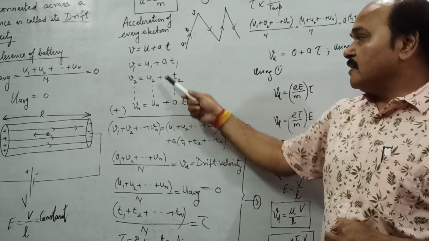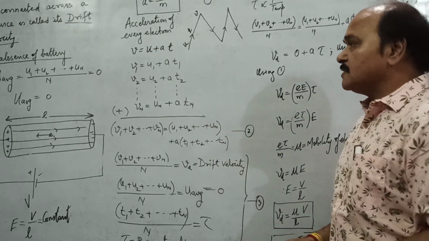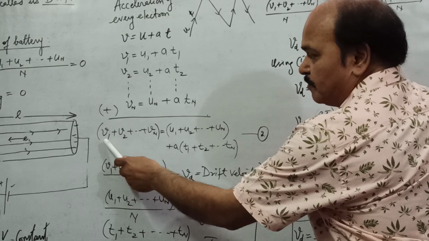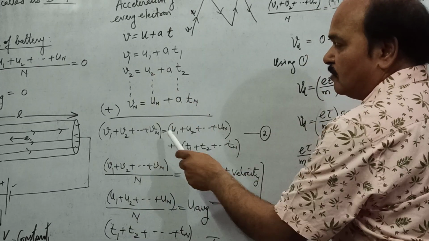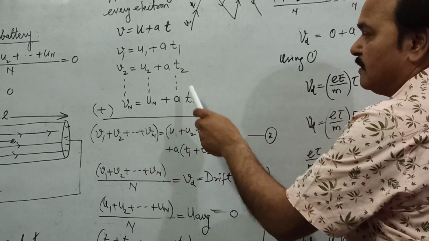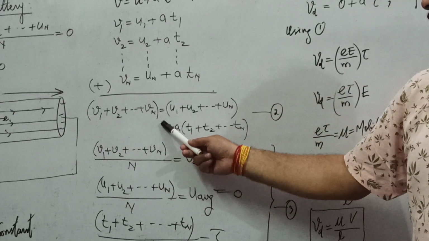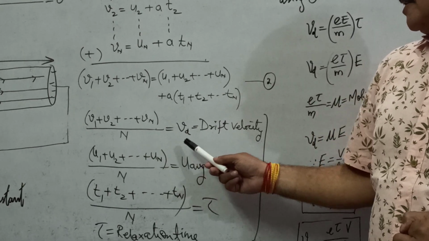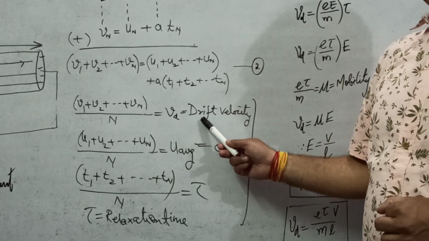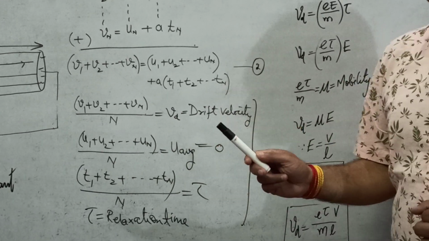If we add all these expressions, what do we get? v1 plus v2 up to vn equals u1 plus u2 up to un, plus a, which comes out common, times t1 plus t2 up to tn. If we divide the sum of final velocities by the number, what do we get? The average final velocity. That is what is called drift velocity.